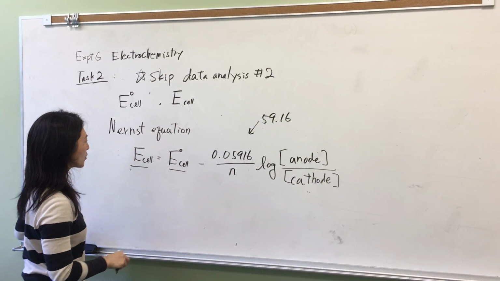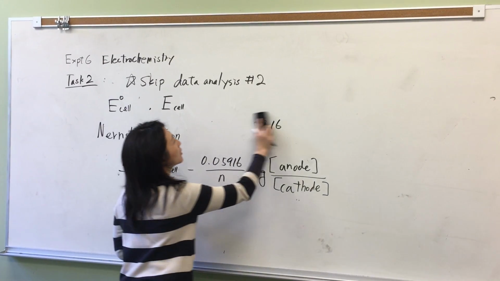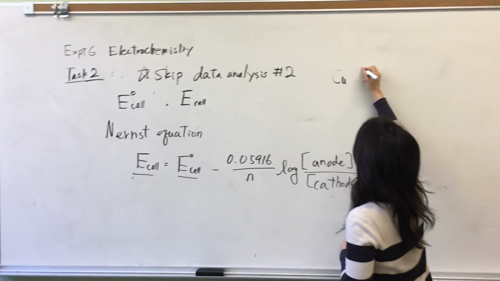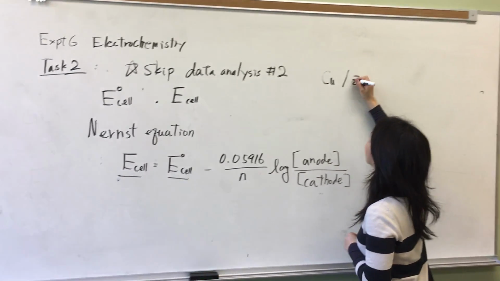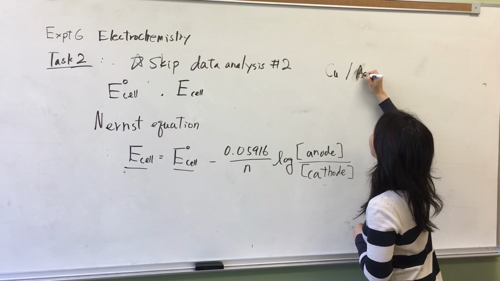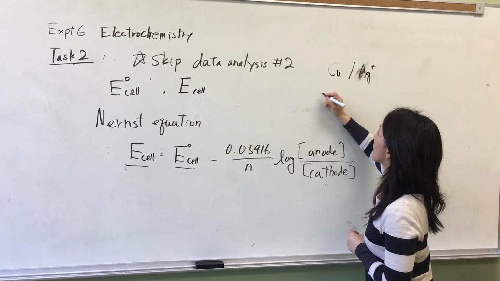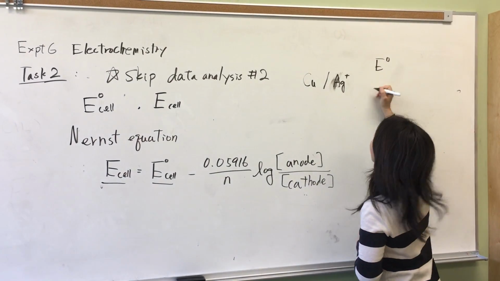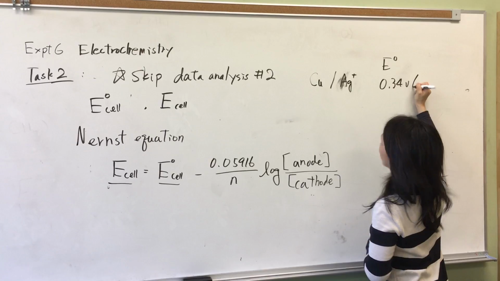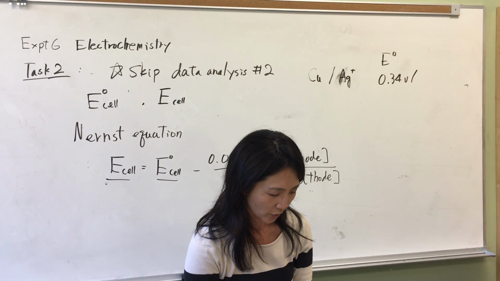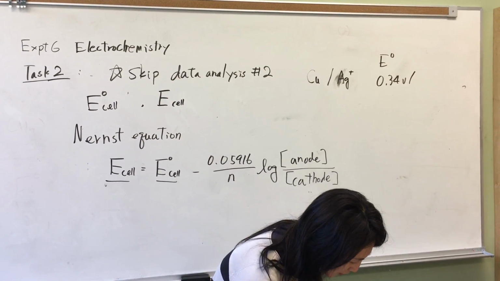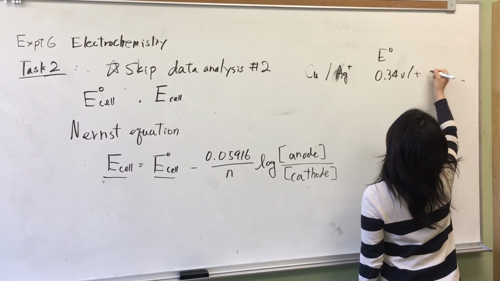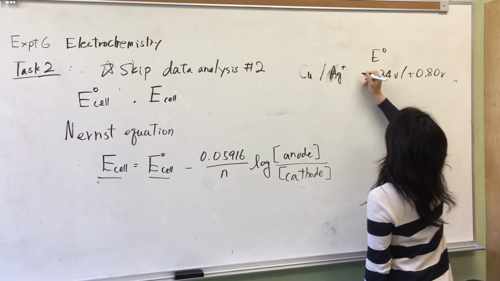I will use an example to calculate the E cell. Let's say copper and zinc. Actually, let's do silver. Copper has an E naught of 0.34, and silver, you need to look at the table, is 0.80.